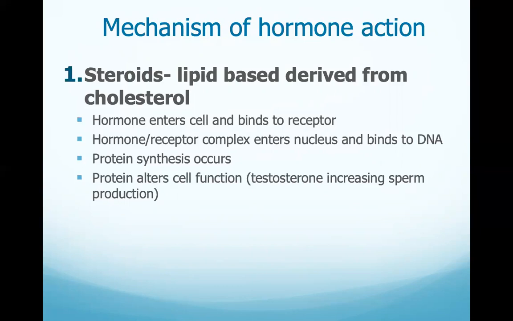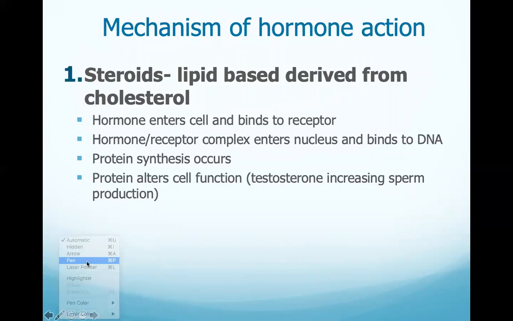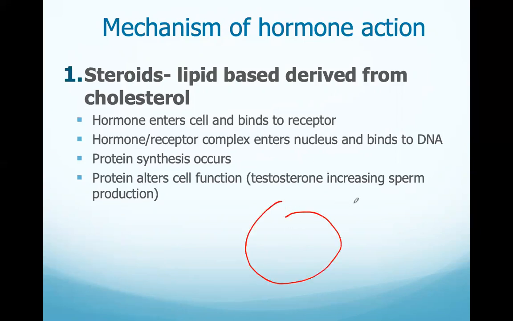Now, again, if you don't recall, one of the earliest lectures we had in our first semester, we talked about a cell having a membrane around it. This membrane is the phospholipid bilayer, which basically is made up of phosphate and lipid.